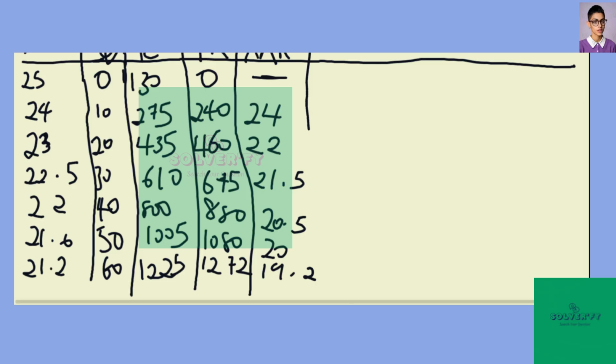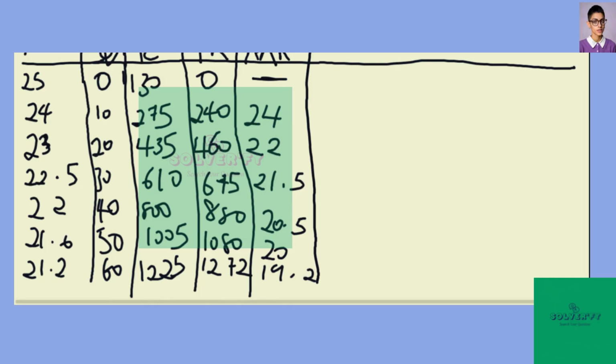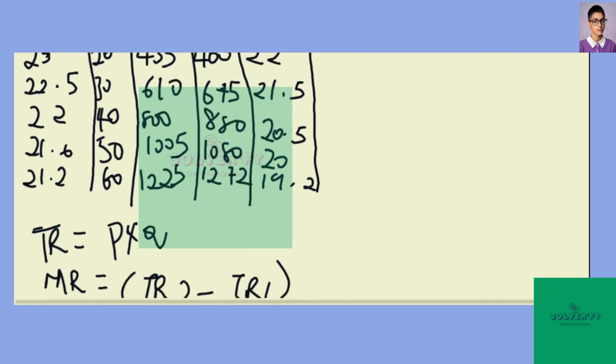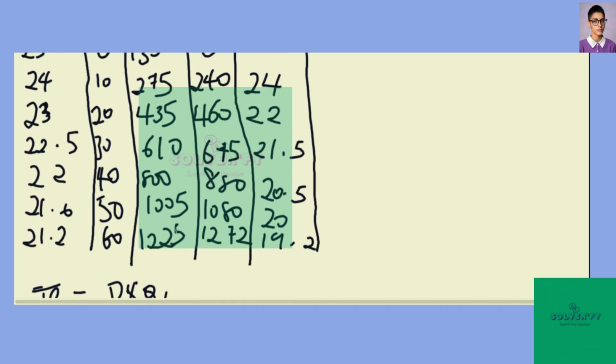The next thing the question wants us to find is the average cost, AC. The formula for average cost is total cost divided by quantity. So we'll go back to the question.